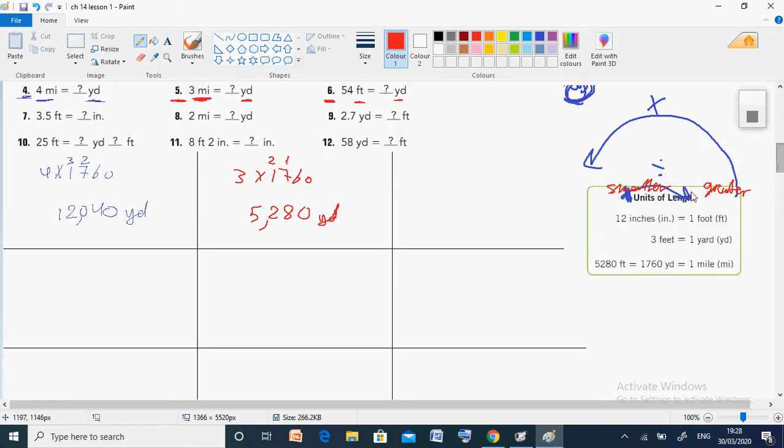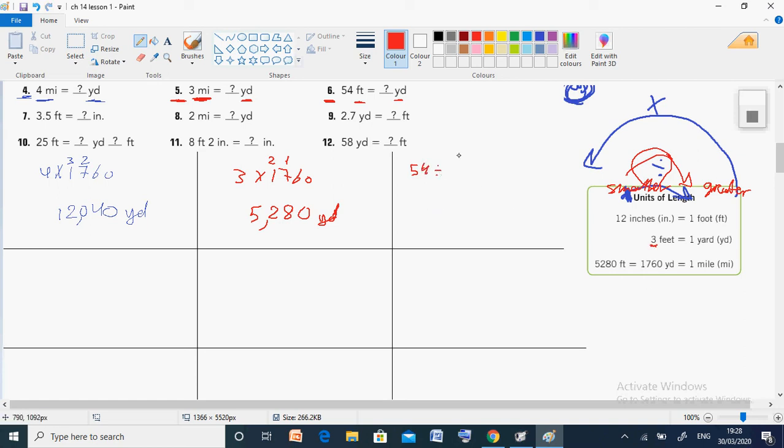Okay, now let me solve the question. So yard is greater. Now from smaller to greater we have to divide. From smaller to greater again we have to what? We have to divide. So I have 54 divided by what?